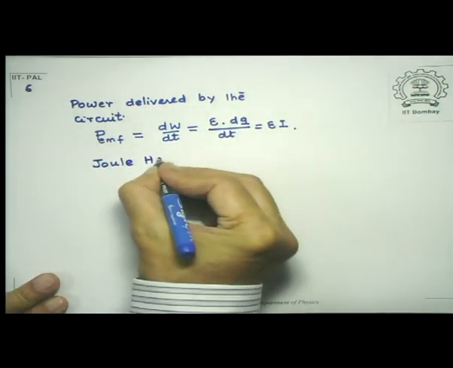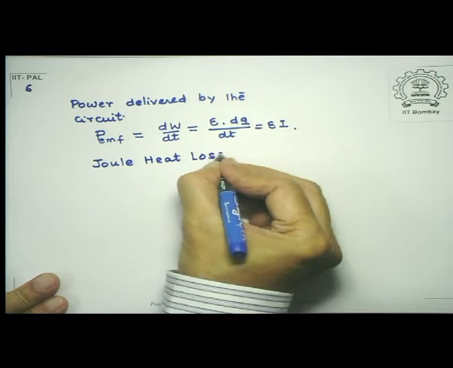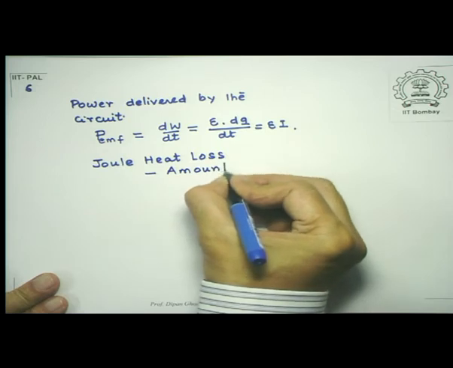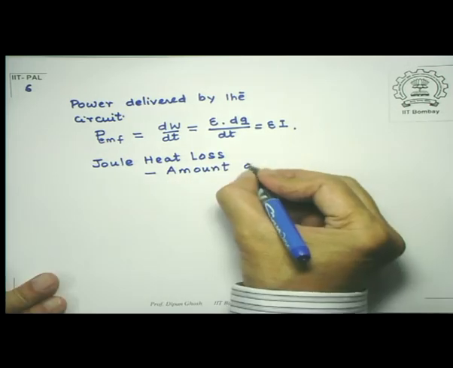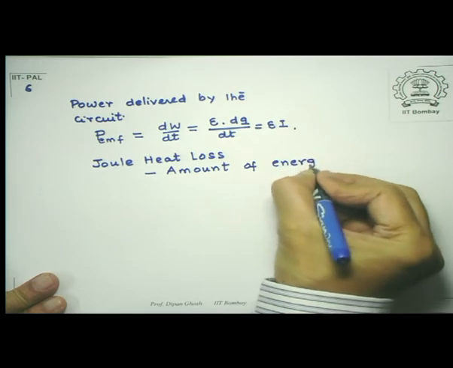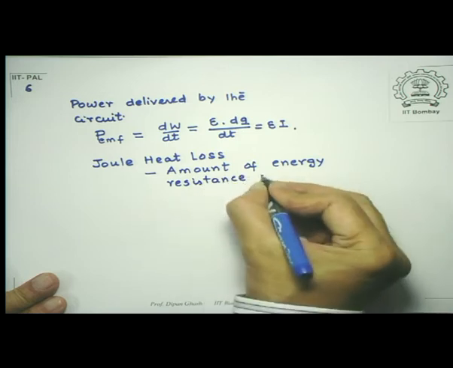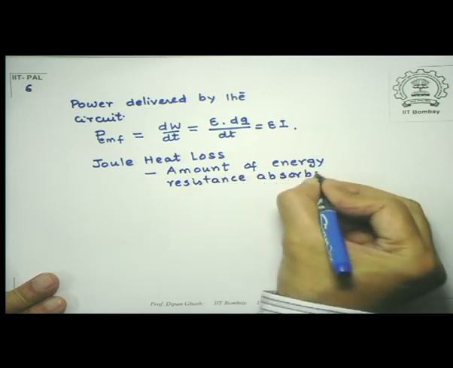In the case where the energy is dissipated by way of the resistor getting heated, this is known as the Joule heat loss. This is the amount of energy which a resistor absorbs and dissipates.